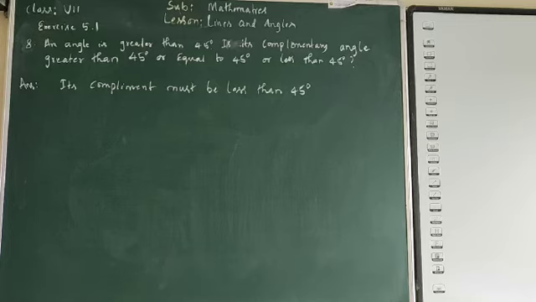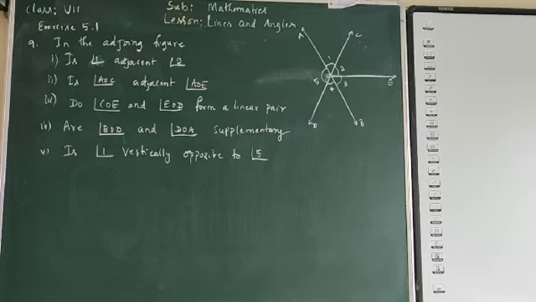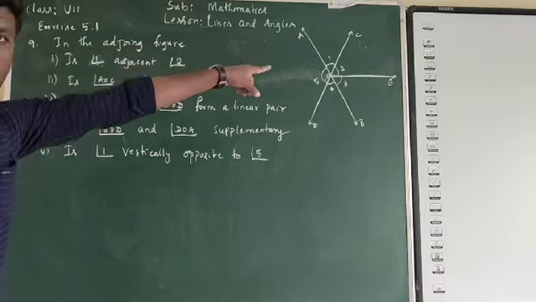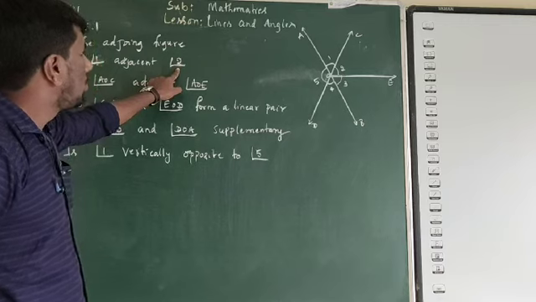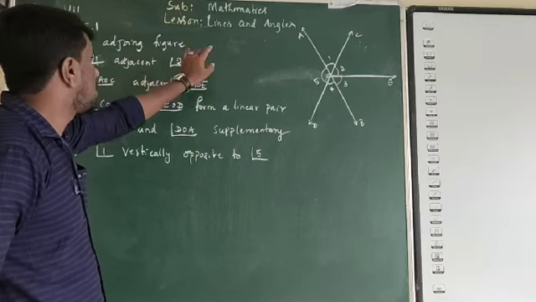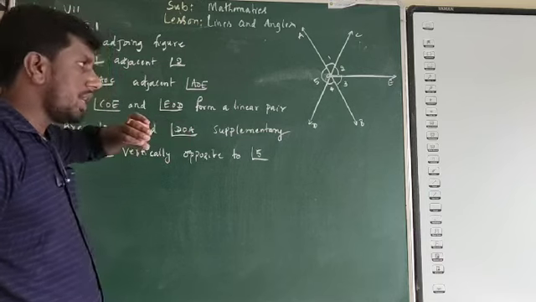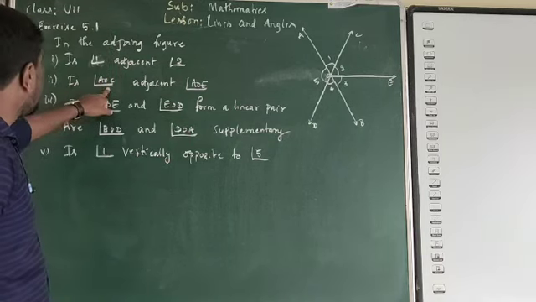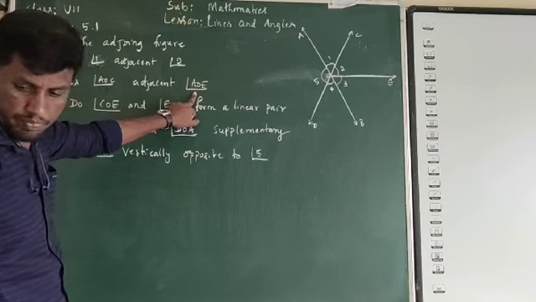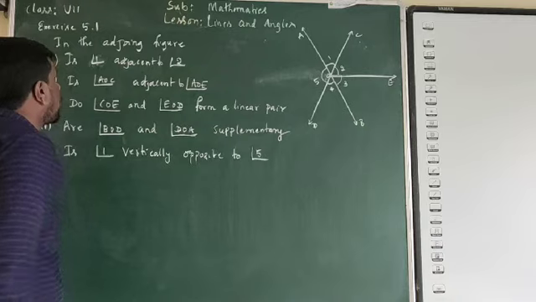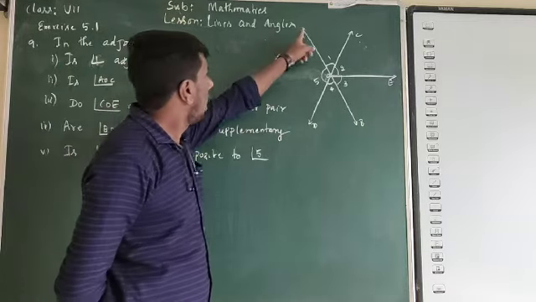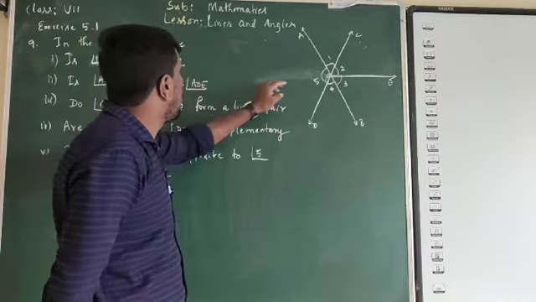So we'll go for the next question now. The next question is, in the adjoining figure, is angle 1 adjacent to angle 2? Whether it is true or false, right? You should say that. Is angle AOC adjacent to angle AOE?